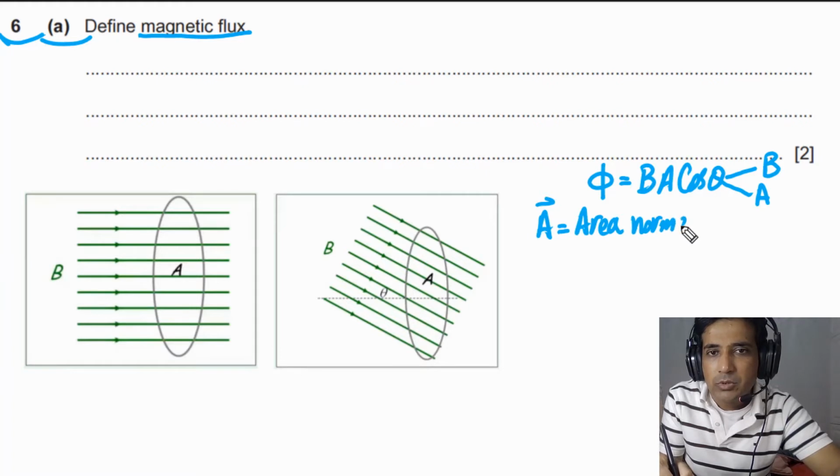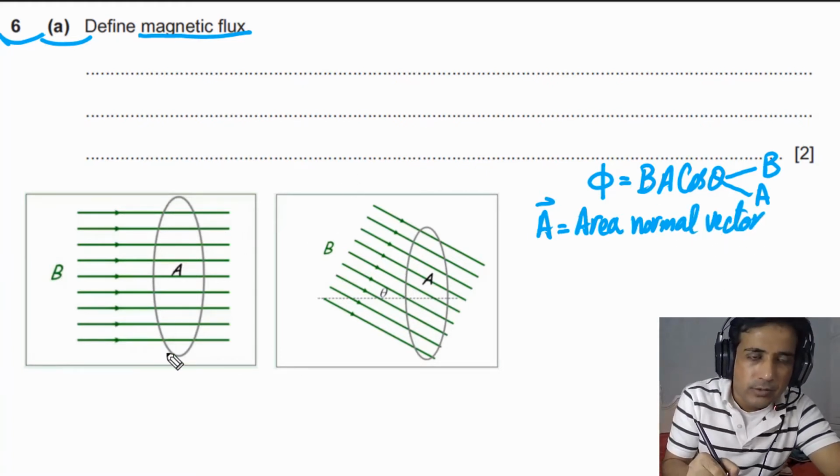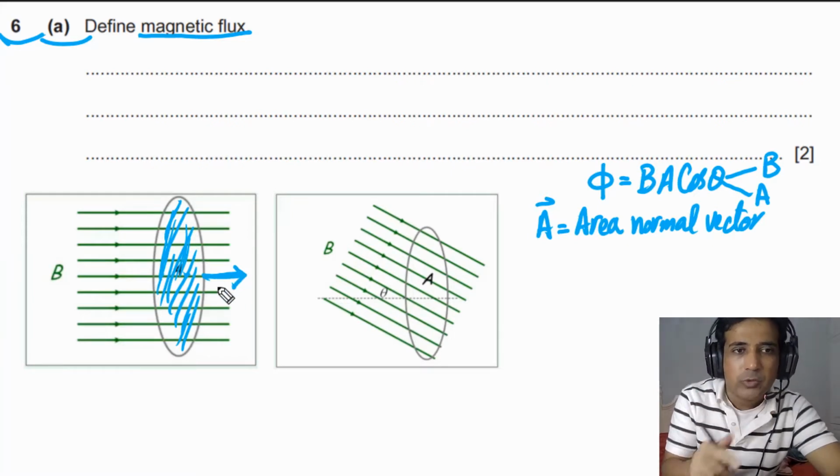If you look at this ring, the area normal vector means the vector that is normal to this area. That vector we call the area normal vector, the vector normal to the area of this loop.